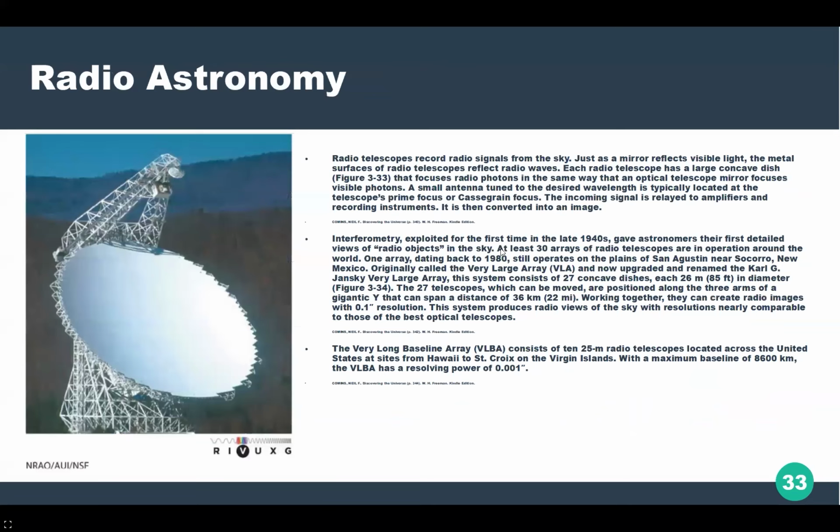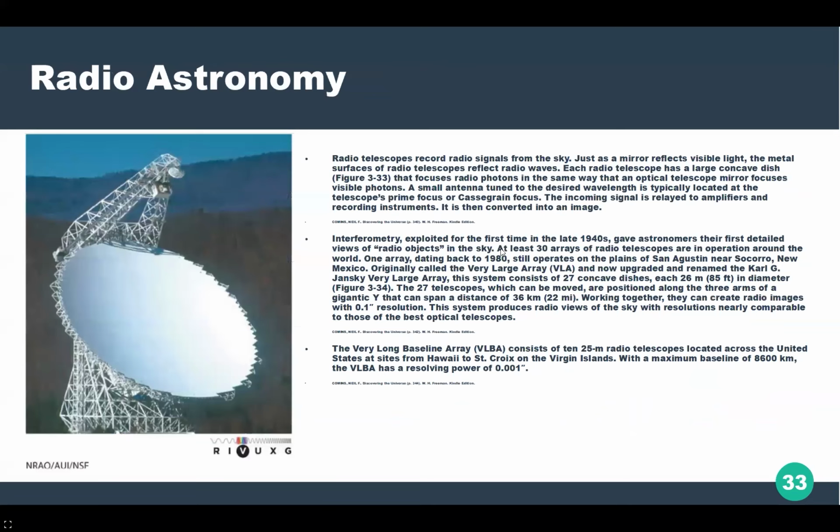Each radio telescope has a large concave disk that focuses radio photons in the same way that an optical telescope mirror focuses visible photons. A small antenna tuned to the desired wavelength is typically located at the telescope's prime focus. The incoming signal is relayed to amplifiers and recording instruments. It is then converted into an image.